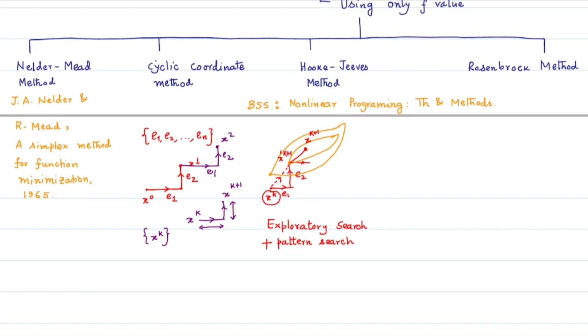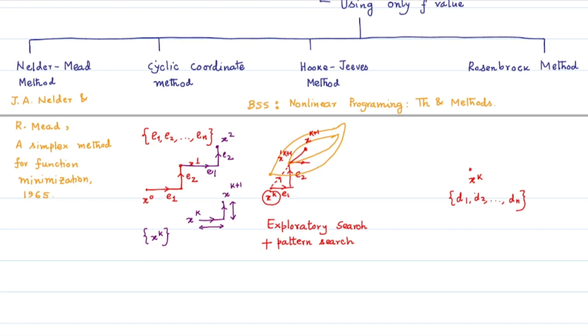Now in the Rosenbrock method, instead of considering the standard basis as the directions of movement at the given current iterate xk, we generate a set of n orthogonal directions d1, d2 till dn, maybe by using some method, the popular Gram-Schmidt method.